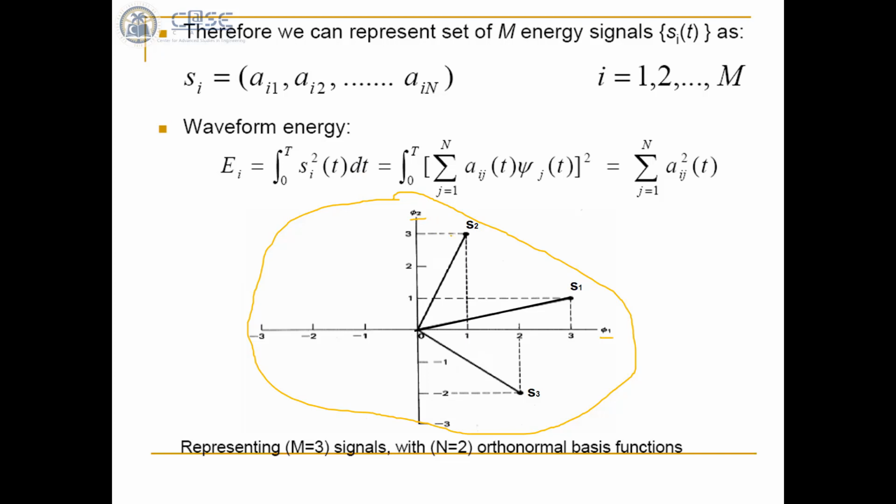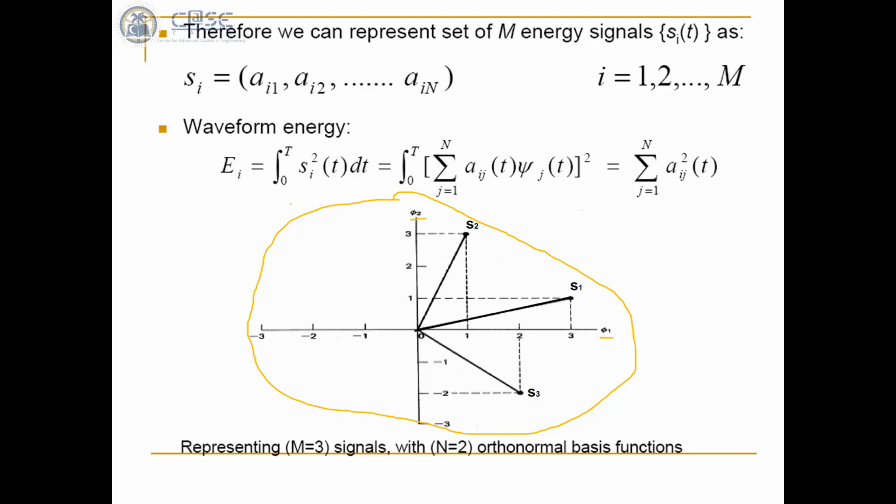These axes are orthogonal to each other, they are mutually independent. You may have the third axis if you had another basis function, phi3. Then you would have three-dimensional representation of the constellation diagram. Difficult to visualize, of course. But you can use MATLAB or any other software to plot the results on a constellation diagram.